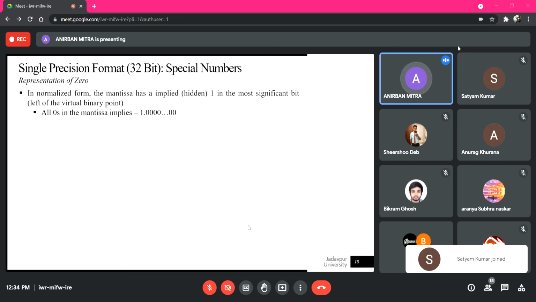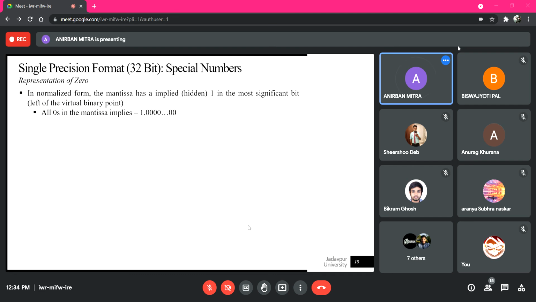In normalized form, of course, the mantissa has an implied 1. So the most significant bit to the left of the virtual binary point is 1. So even if you put all the mantissa bits as 0, the value you obtain is 1.000 like that.